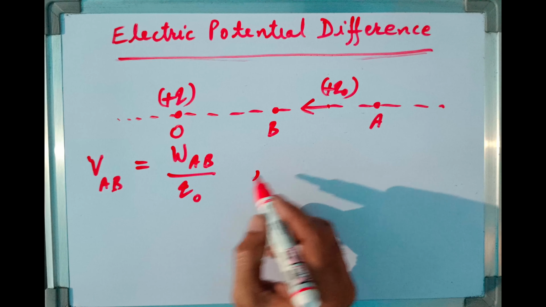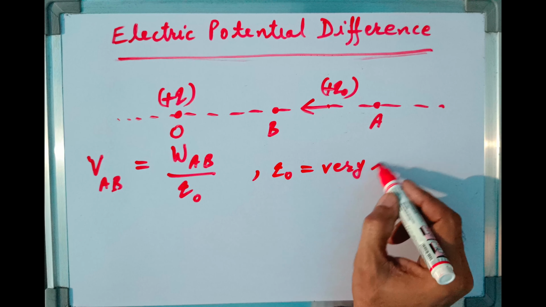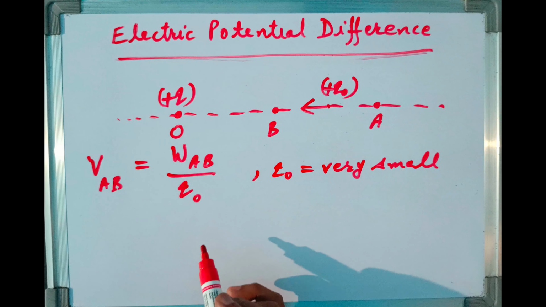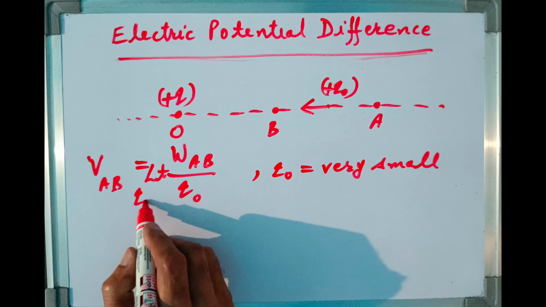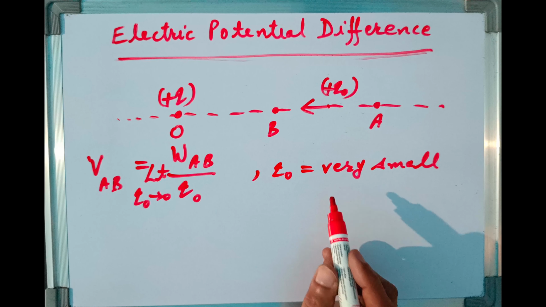Condition is the value of Q naught should be very small so that it does not disturb the source charge. So sometimes we write this thing as limit Q naught tending to 0. It means Q naught should be very small.